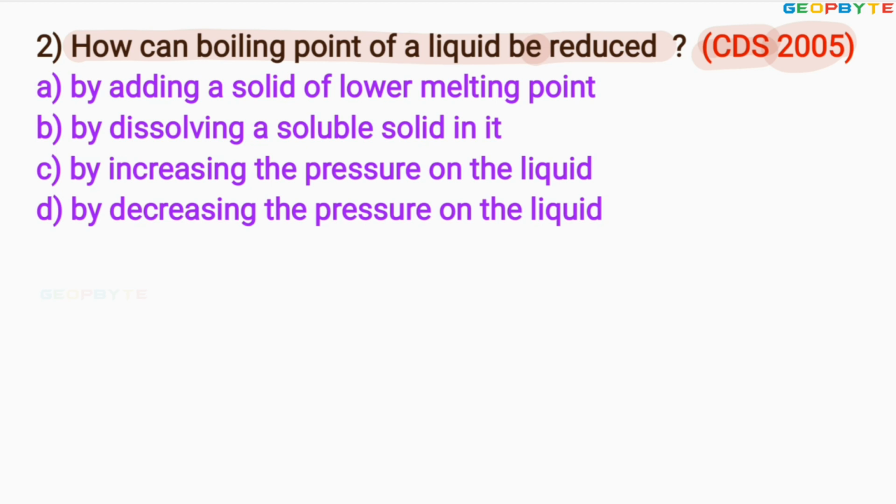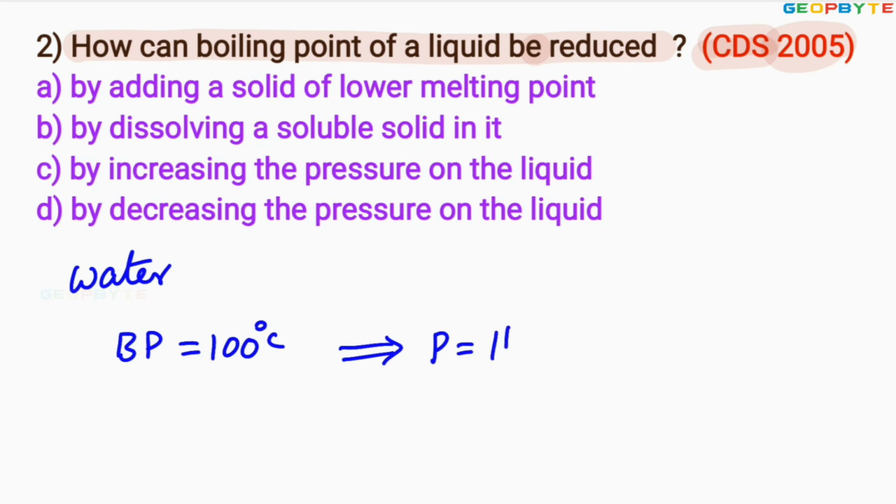Dear friends, remember, water boiling point is 100 degrees centigrade when the surrounding pressure is 1 bar. For the same water, the boiling point is approximately 180 degrees centigrade when the surrounding pressure is 10 bar.